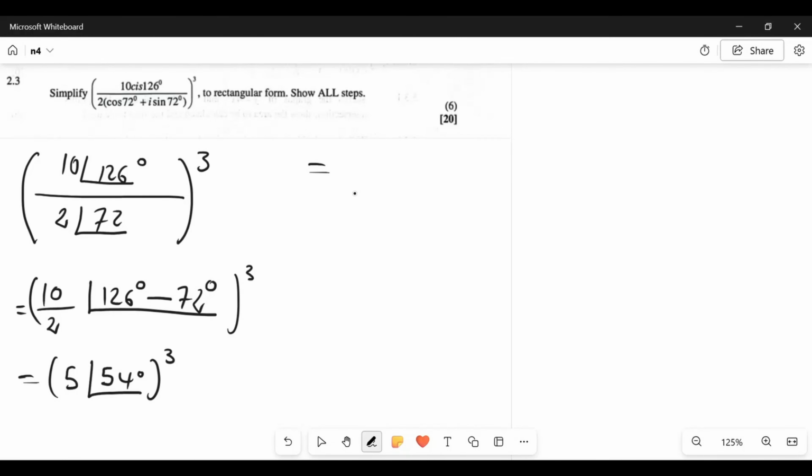The modulus, which is 5 there, is going to have 5 to the power of 3. And then as for the argument, which is 54, it is going to be multiplied by 3. So 5 to the power of 3, we know that this is going to be 125 there. And then we're going to have polar 162 degrees there.